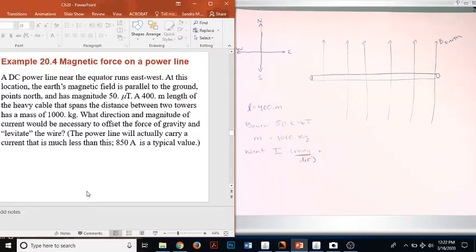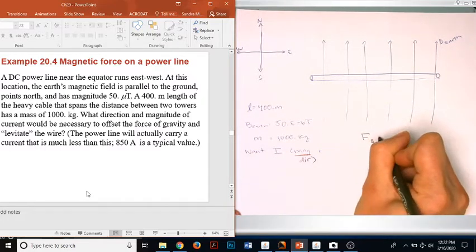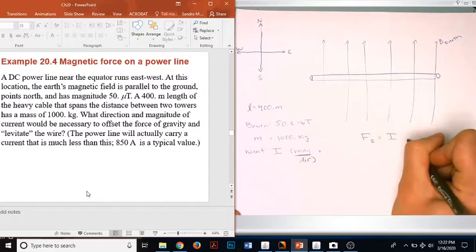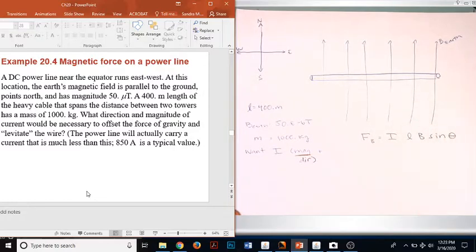And so here I am. I have found this equation that says F_B is I L B sine of theta. Now theta is the angle between B and I, which is here 90 degrees, right?